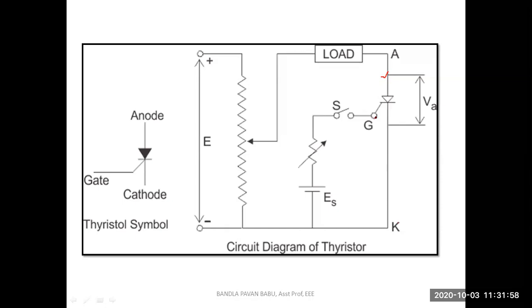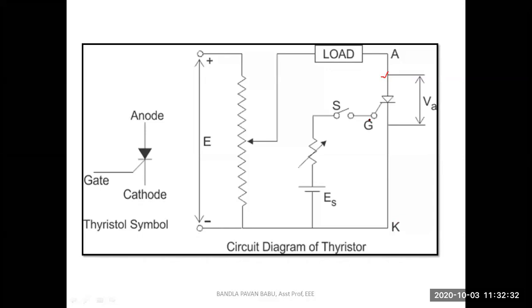This is the fundamental thing of any electrical switch. Here this terminal, that is the gate, is used for controlling this SCR, I mean this thyristor. Let's see this configuration. This variable resistance is considered in order to control the voltage, which is connected to the load, and the load circuit is closed with the help of this thyristor.